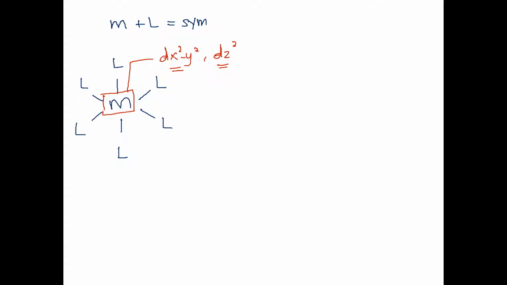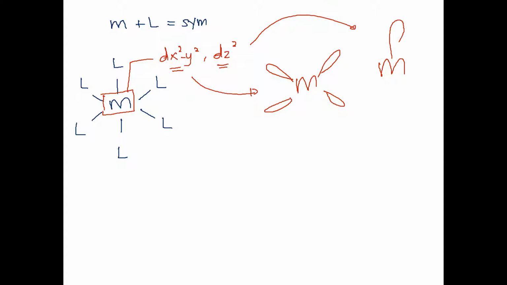For example, here, the dx square minus y squared orbital and dz squared. So the ligands for octahedral geometry will fit in these orbitals.